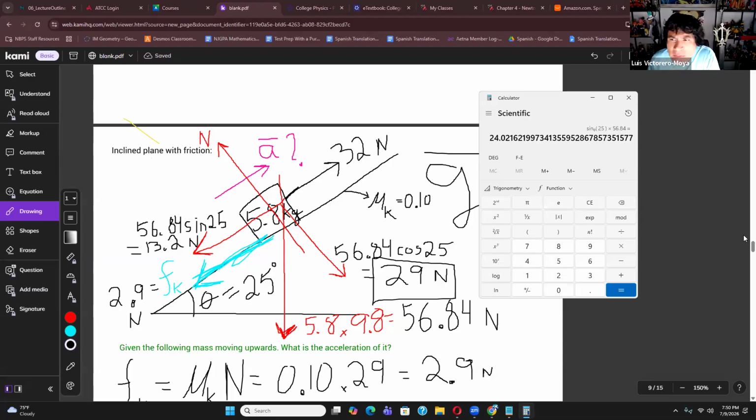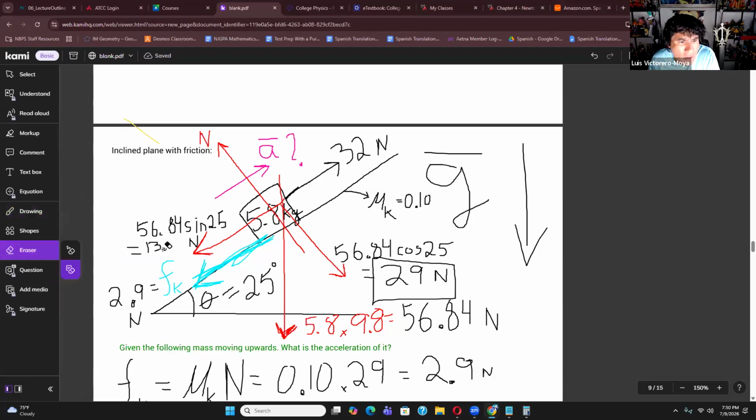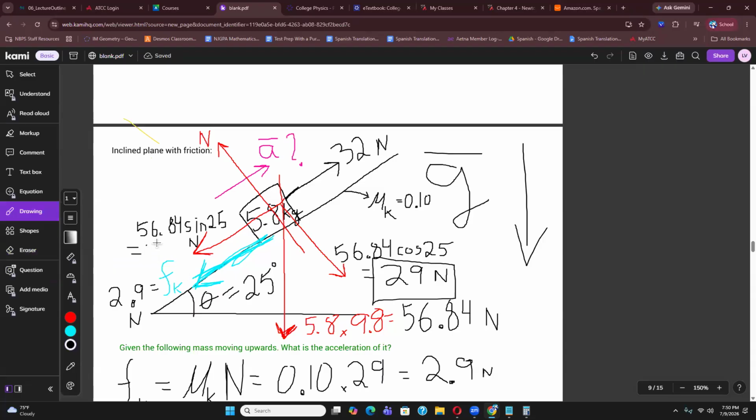Oh no, this was 24.02, so... wait, is 56.84 sine 25 referring to the normal force, or is that a separate force?